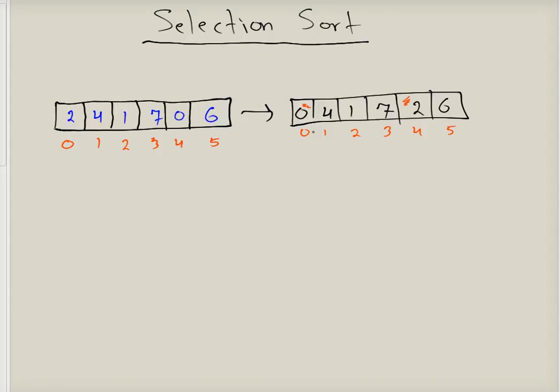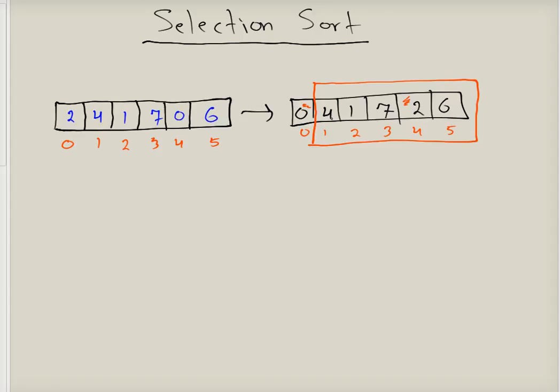So now notice that on the left hand side we have 0 at the 0th index, which is the minimum number in this array. So we already know the left hand side of this array is already sorted, so we don't have to consider it any longer. Now we can traverse the array in this part.